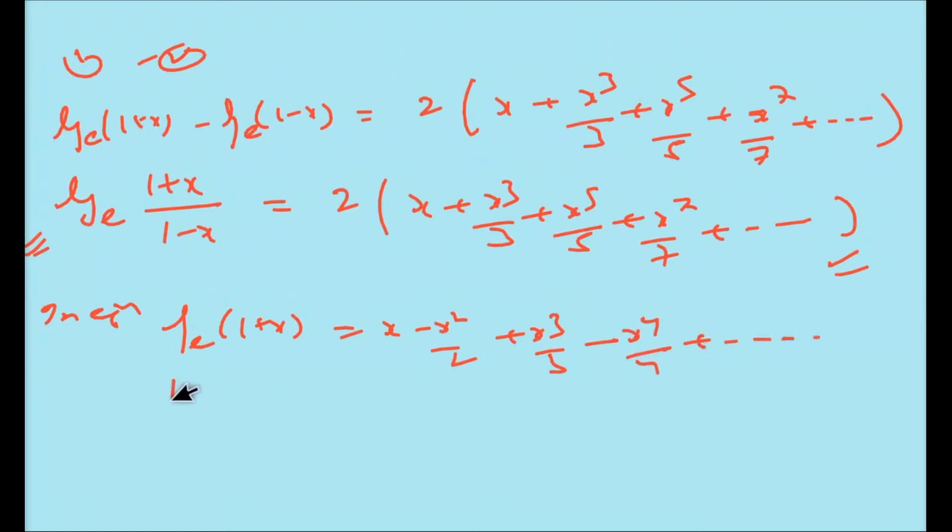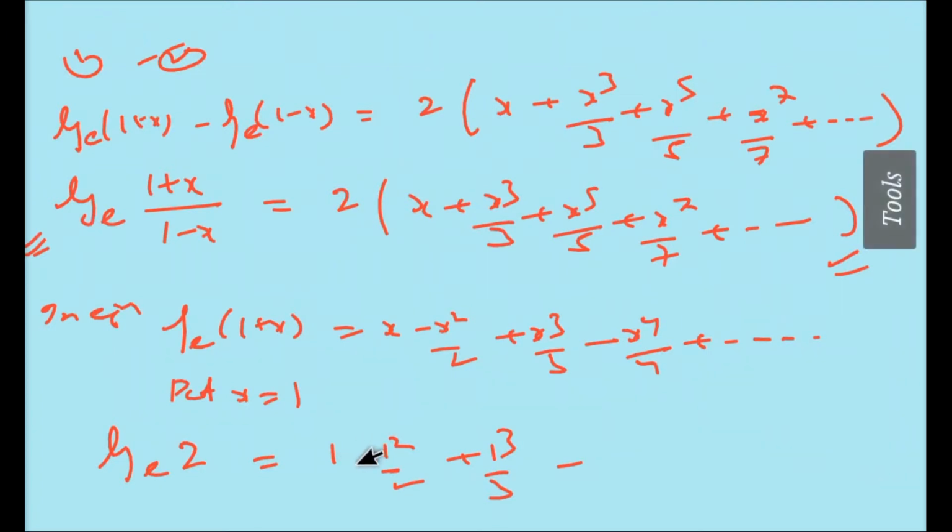If we put x equal to 1, we get log e base 2 equals 1 minus 1 square upon 2 plus 1 cube upon 3 minus 1 to the 4 upon 4 and so on.